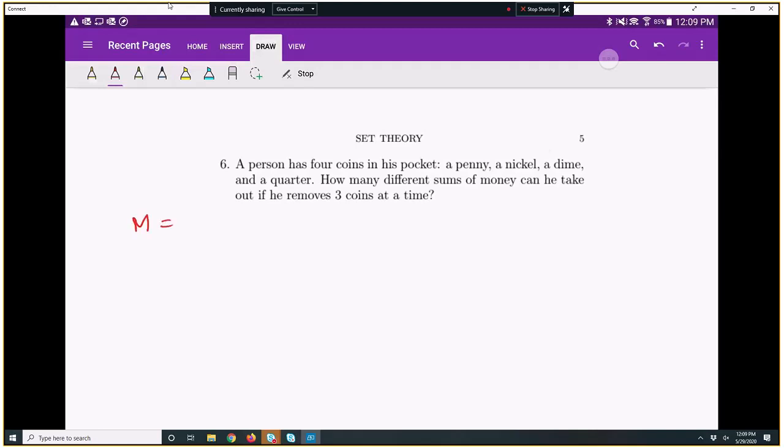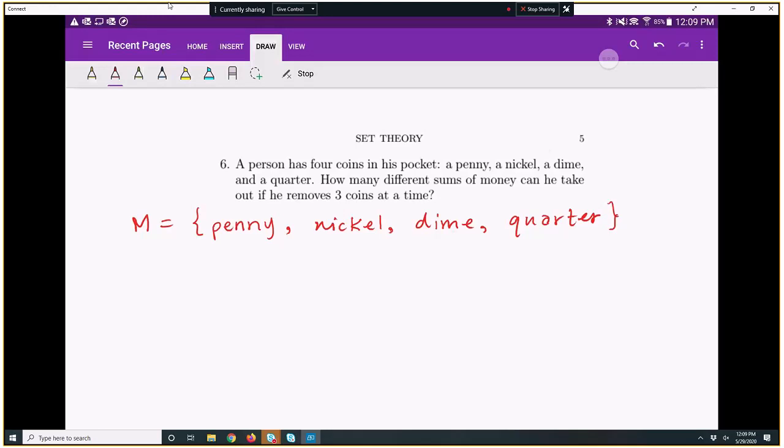I'm just going to give this set a name. I'm calling it M for money, but you could call it whatever you want or not give it a name at all if you want. And inside this set, I'm going to put penny, nickel, dime, and quarter. I was told that he has 1 of each in his pocket. So I'm just going to list them this way. This is the set of all the coins he has in his pocket.